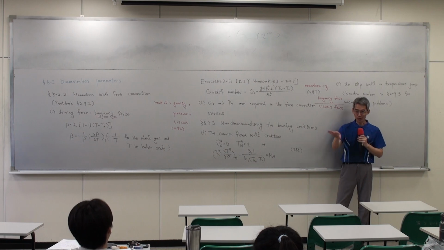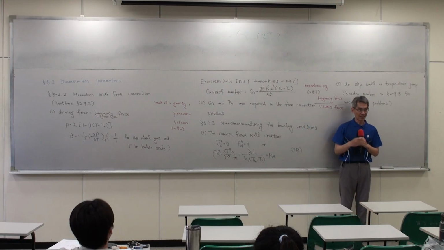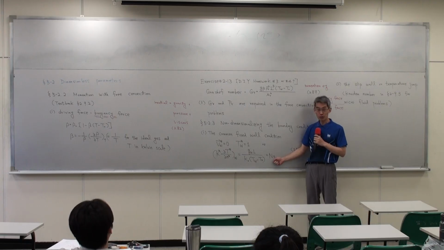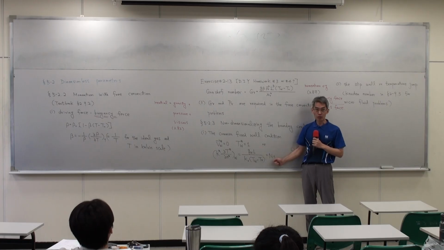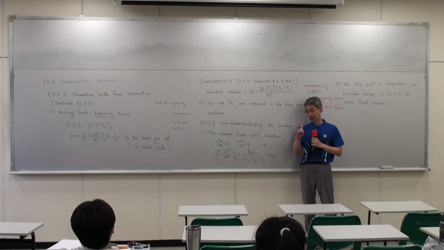I think most of you have taken a heat transfer class, right? Convection and conduction, which one will be higher? Let's represent the Nusselt number. If this is higher, the Nusselt number is always larger than 1, right?